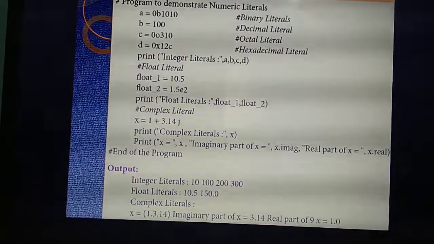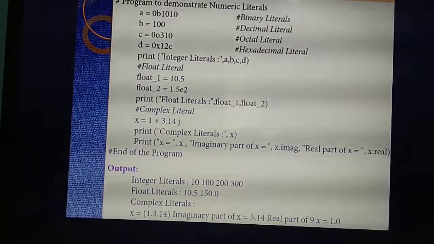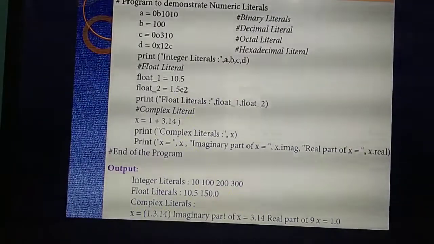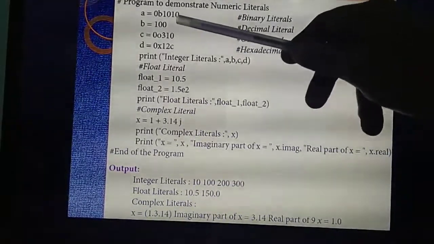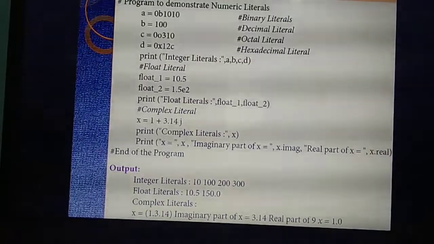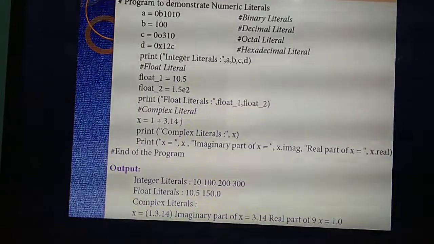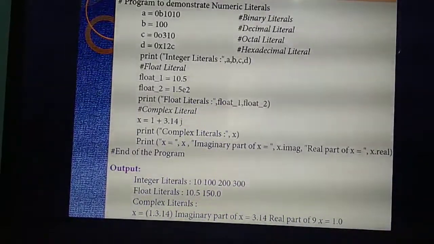If you have declared a number with a combination of ones and 0, that's a binary number. So this is a binary literal. Understand? Next, 100. That's a normal number, that means integer or decimal literal.